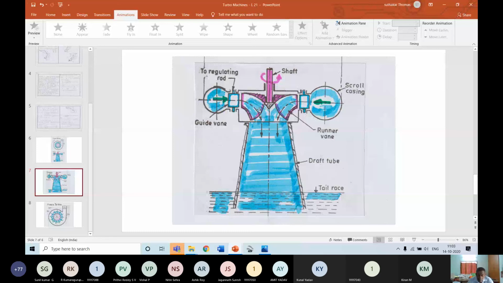The blades will not be welded to the hub, but they will be mounted on some sort of spindle or spigot, where they can turn about an axis perpendicular to the shaft axis. If there are 4 blades, all the 4 blades will simultaneously turn.